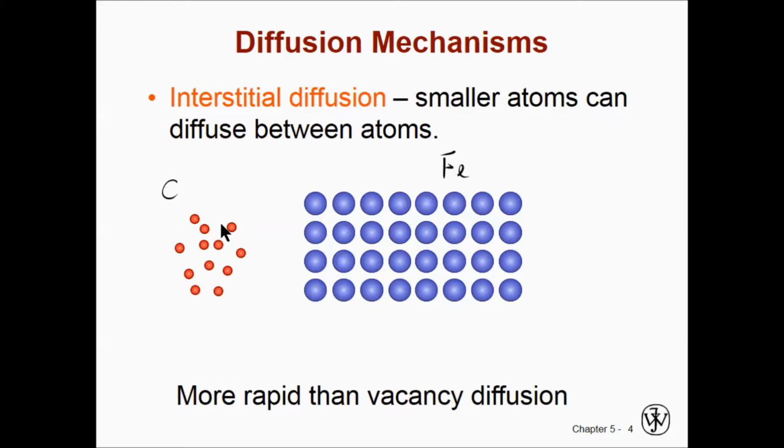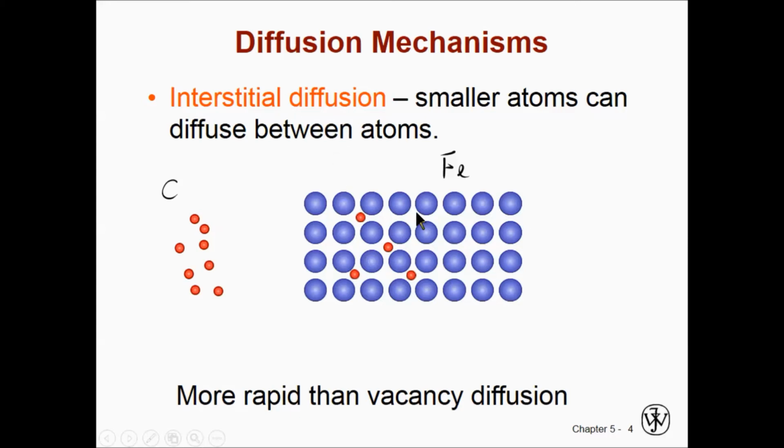The carbon atoms are much smaller compared with iron. They can diffuse into interstitial spaces. So they are moving, migrating, diffusing into interstitial spaces, and that's called interstitial diffusion.